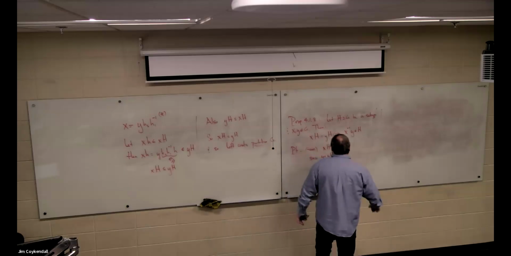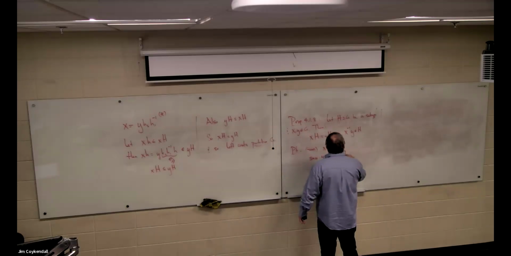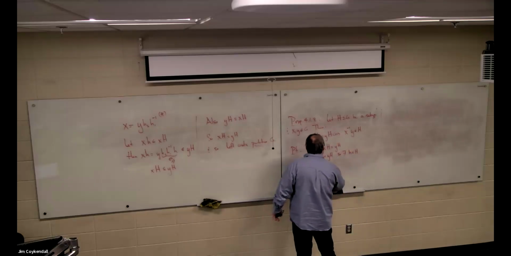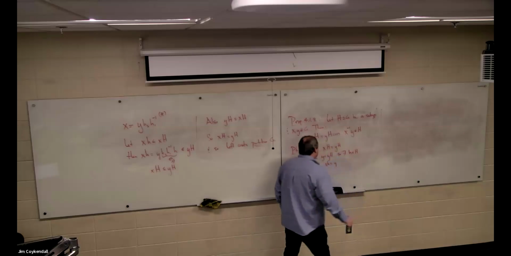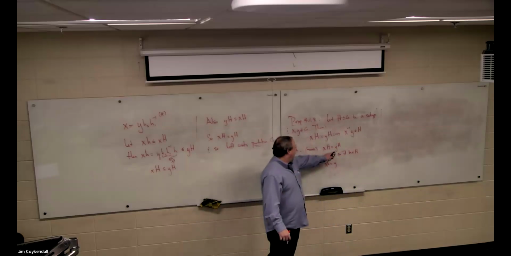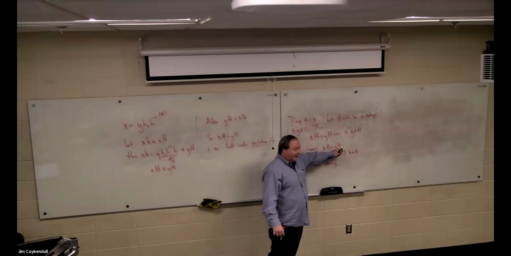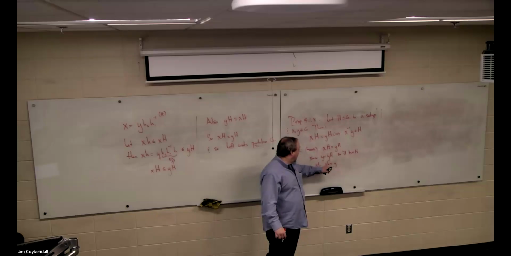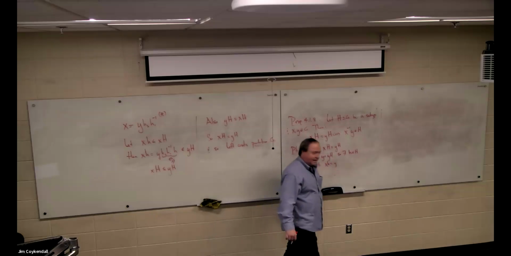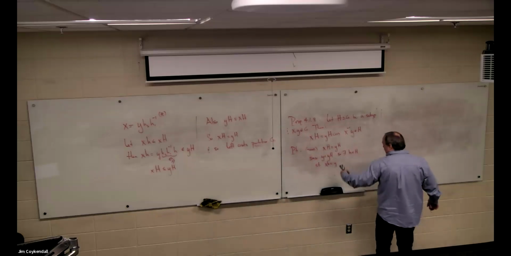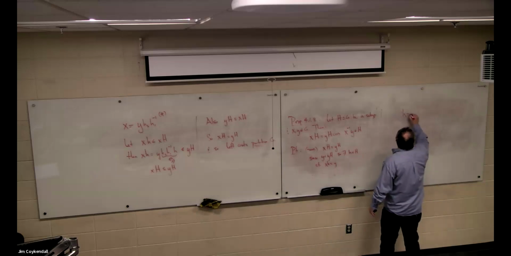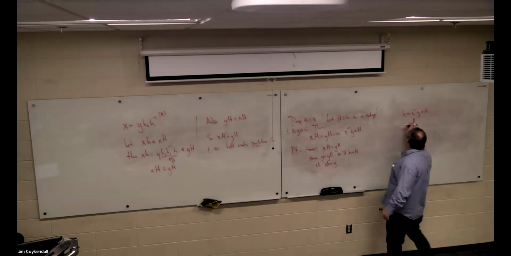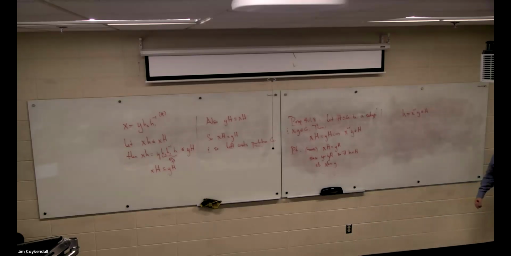Subgroup there is very important. So there exists h in H such that Xh is equal to Y. Since Y is in this thing and these two are equal, Y has to be in here. What does it mean for Y to be in here? Y is X times h for some h. Now multiply on the left by X inverse, and so X inverse Y is this h that lives in H.